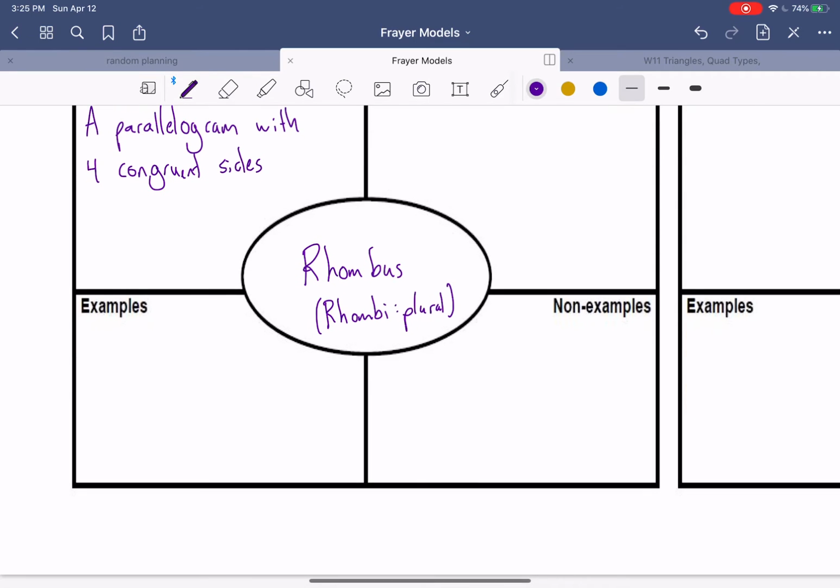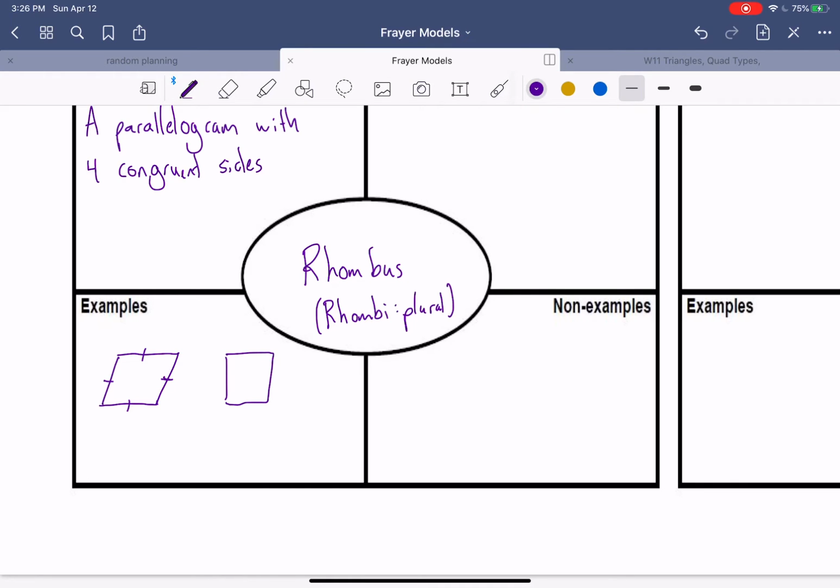So that could be, right, this is usually our stereotypical rhombus. We have 4 congruent sides. We usually don't do the parallel symbols anymore because we have some other theorems in play here.